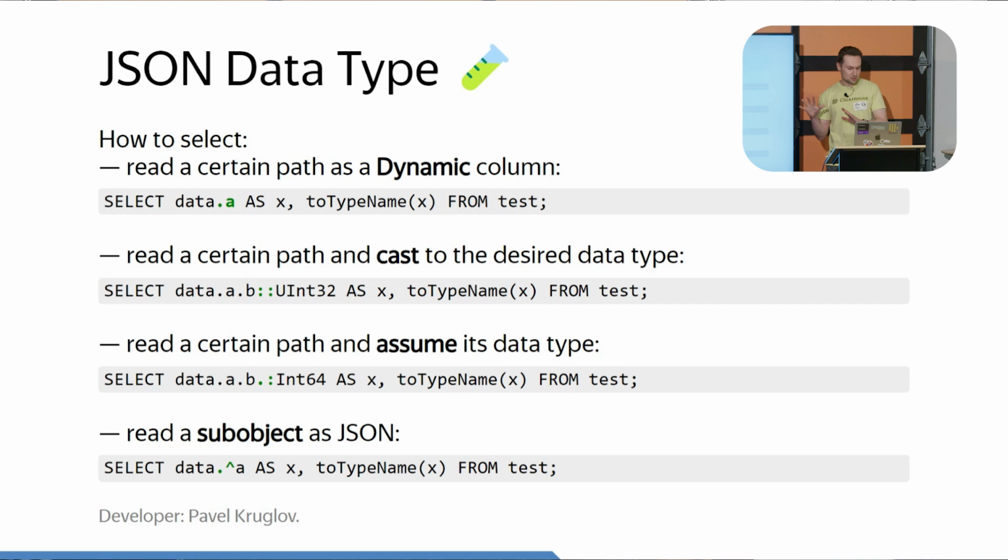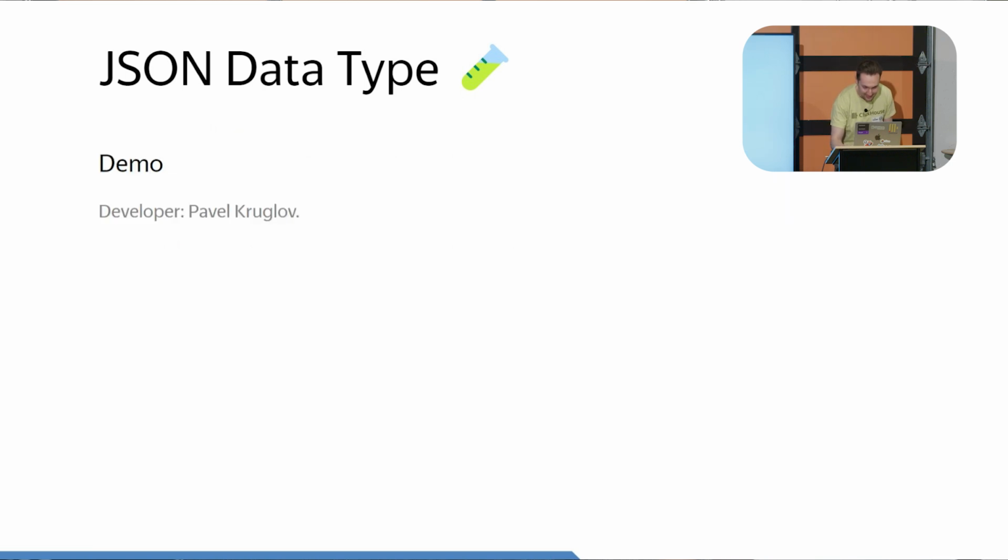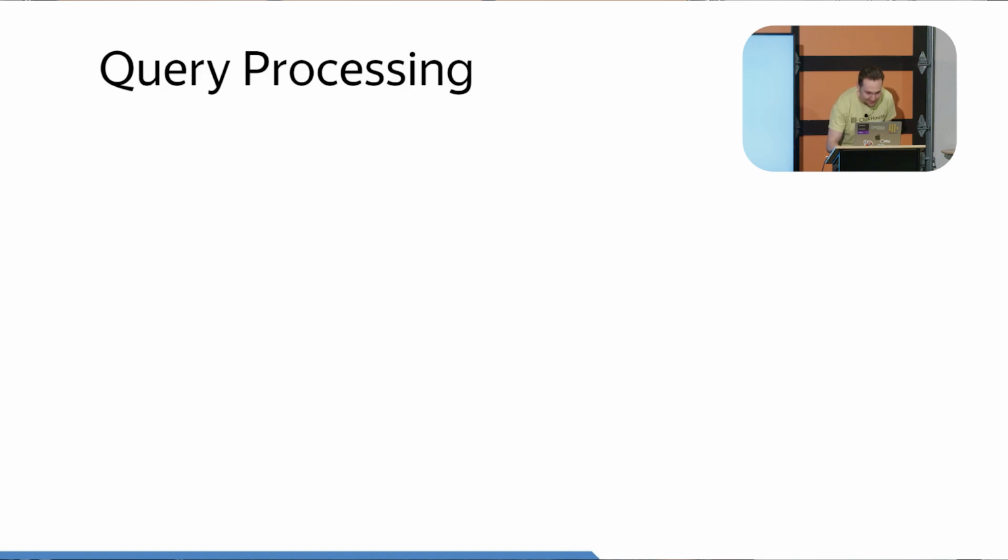If there is a sub-object, you can read the whole sub-object back and reconstruct the original JSON. And here is a new operator. Don't be surprised. It is a new operator. Dot, how to name it? Caret. Here should be a demo, but probably I will skip this demo.